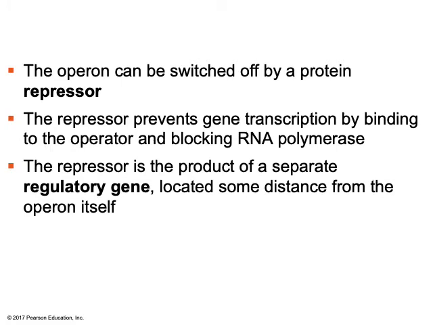That is an operon that can be switched off by a regulatory protein. In this case, it's going to be called a repressor. Okay? Basically, what happens is that repressor binds to the DNA and blocks transcription. It basically stops the transcription. Okay? The repressor is going to be the product of a regulatory gene.